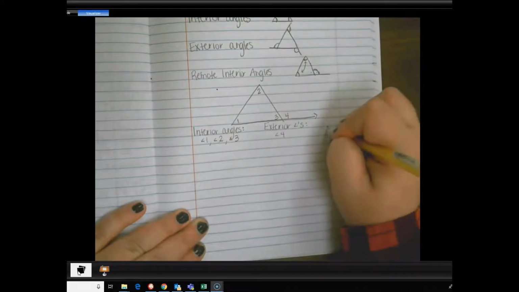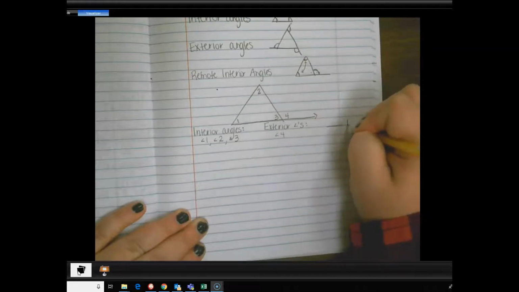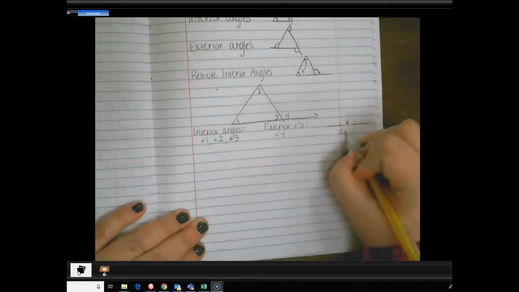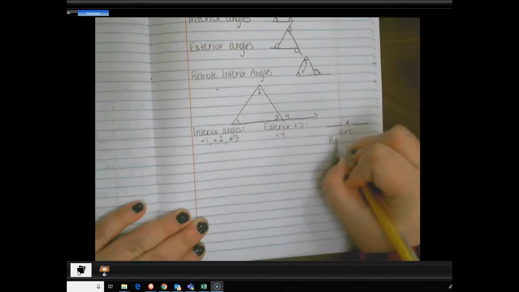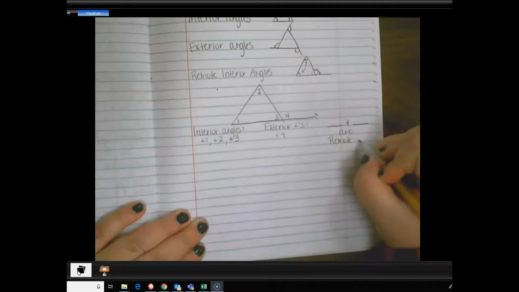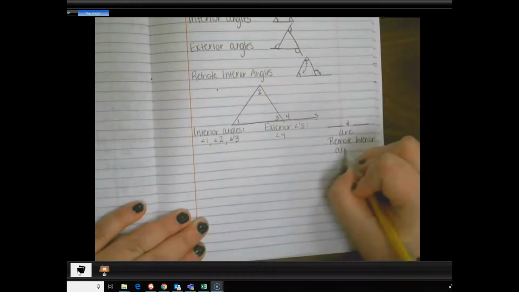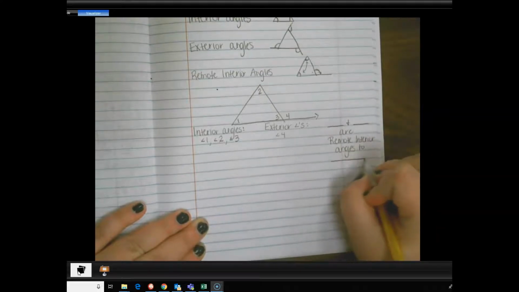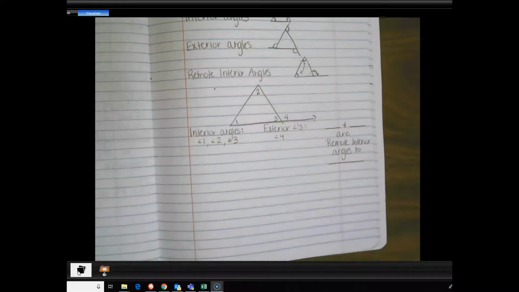And then we're going to put blank and blank, our remote interior angles, and then we're going to have another blank. Okay, I'll give you a minute to get that copied down.